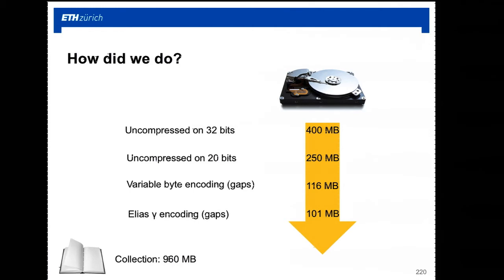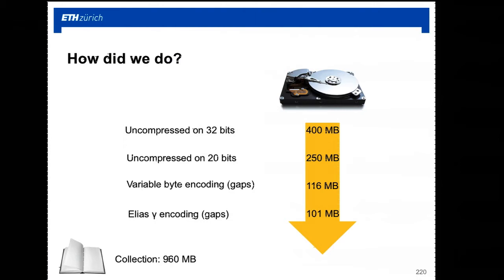So the gamma encoding, we are at 100 megabytes. We do even better than the variable byte encoding. It shouldn't surprise you because the gamma encoding is kind of an extreme version of the variable byte encoding. So the variable byte encoding is still grouping bits in packets, in bytes, but the gamma encoding is doing it bitwise, so that you can even compress the encoding of 1 to just 1 bit, which is 0, okay?